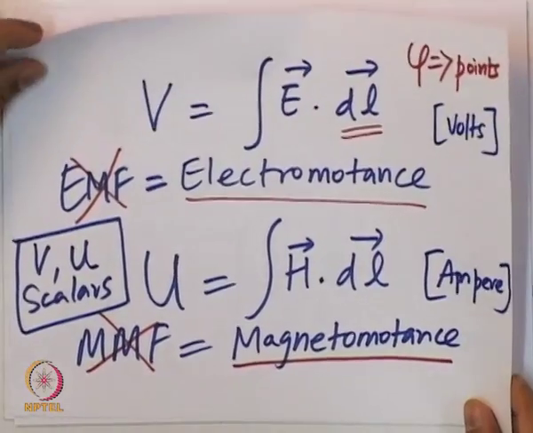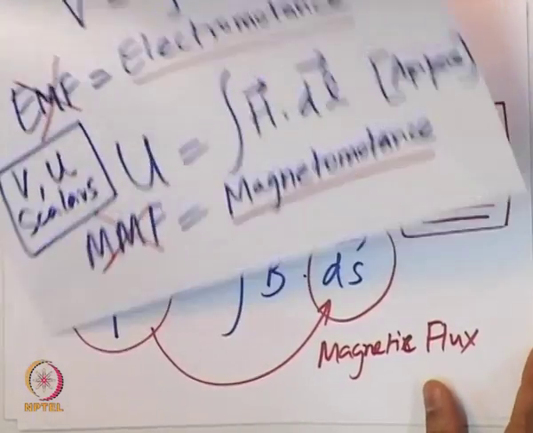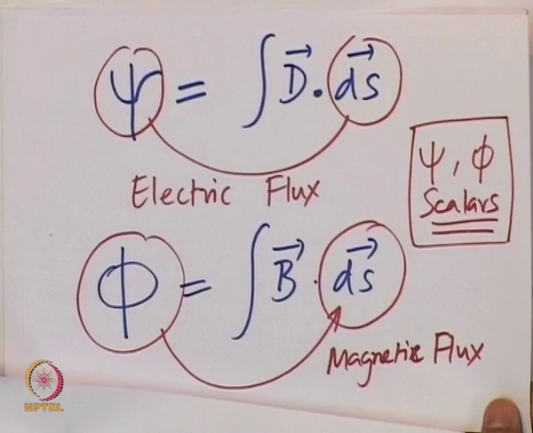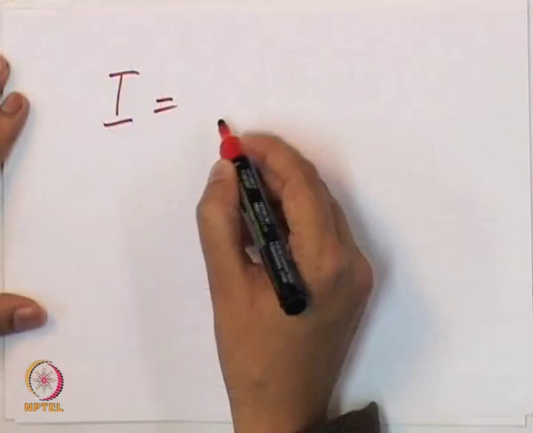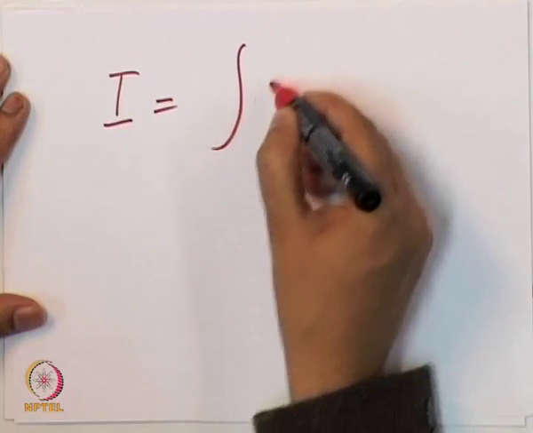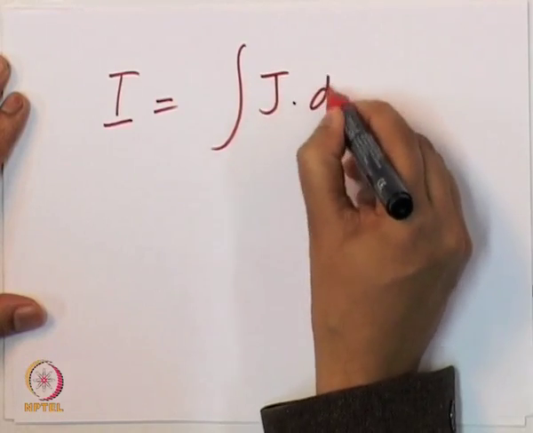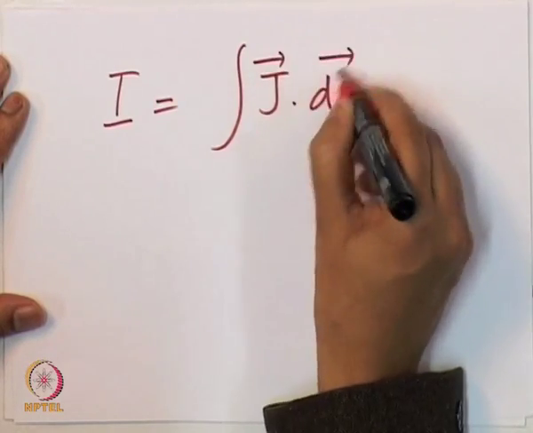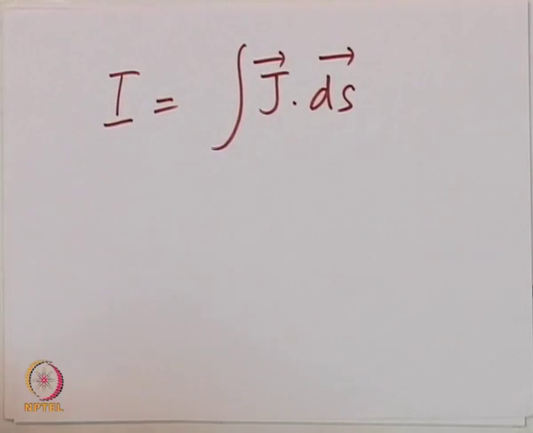So we have covered electromotance, magnetomotance, electric flux and magnetic flux. There is another thing that is associated with the surface, which is something that we all know, and the most familiar one is the current. So we call it I is equal to integral J dot dS. J is the current density and I is the current.